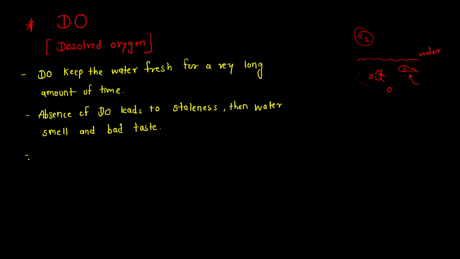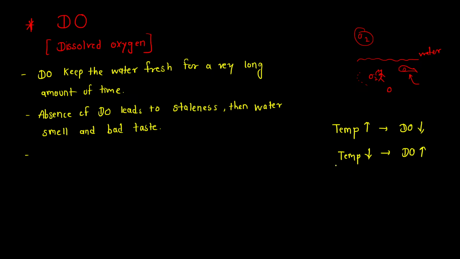So if we see the relationship between DO and temperature, then if the temperature of the water increases, then DO, that is dissolved oxygen, decreases. If the temperature of water decreases, then the content of dissolved oxygen increases.